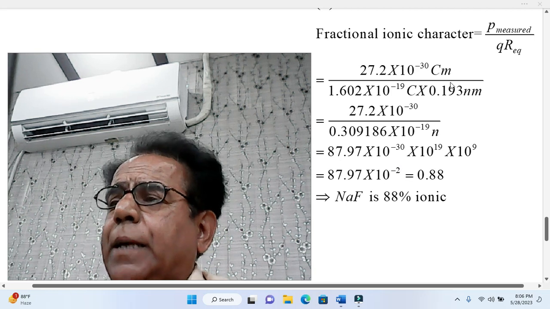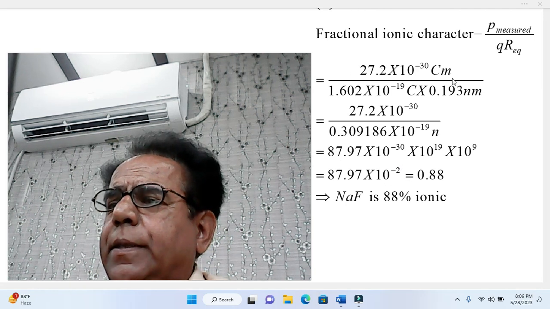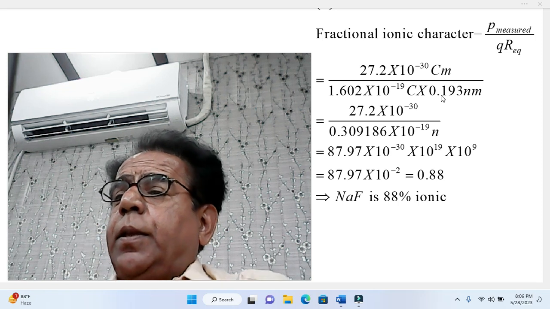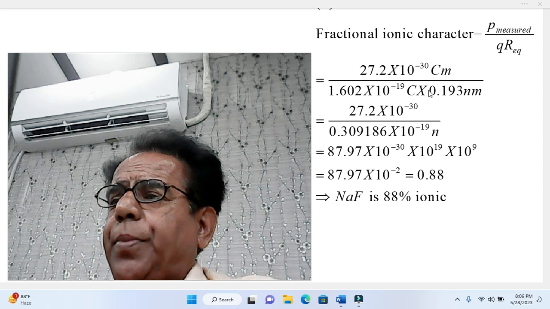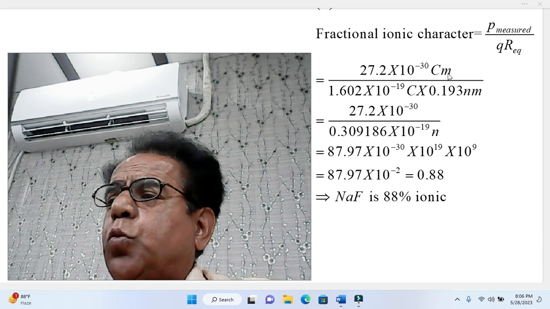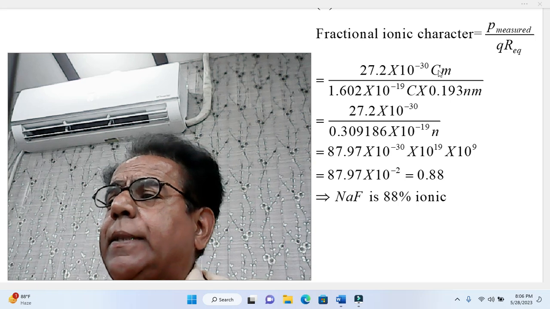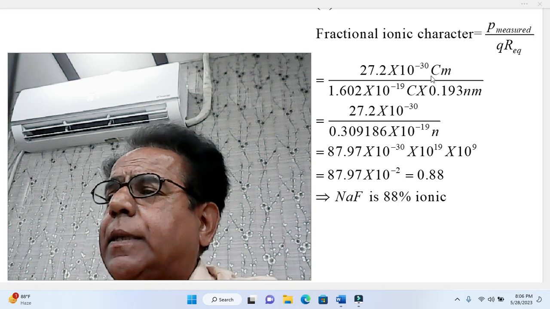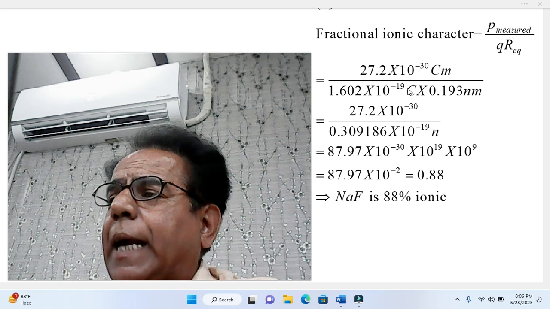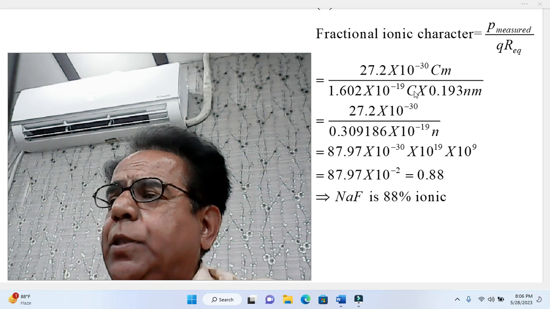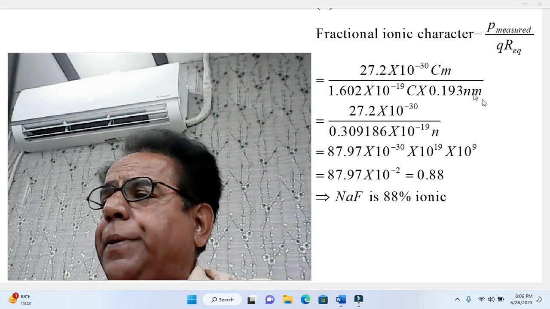In the next step we have not disturbed this. Dear students, this is coulomb meter; coulomb will be cancelled with coulomb, and meter will be cancelled with meter.